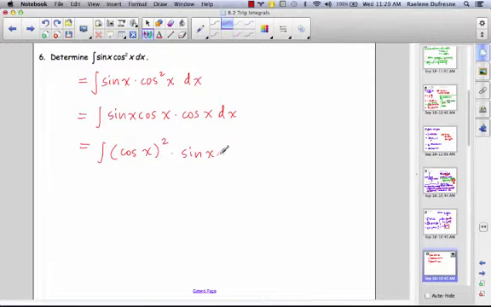Sometimes it's just a matter of rewriting this that can help us to see different approaches. Furthermore, from pre-calculus, the Pythagorean identity says cosine squared x is 1 minus sine squared x. So perhaps one of these jogs an idea and gives an insight as to how we might proceed.